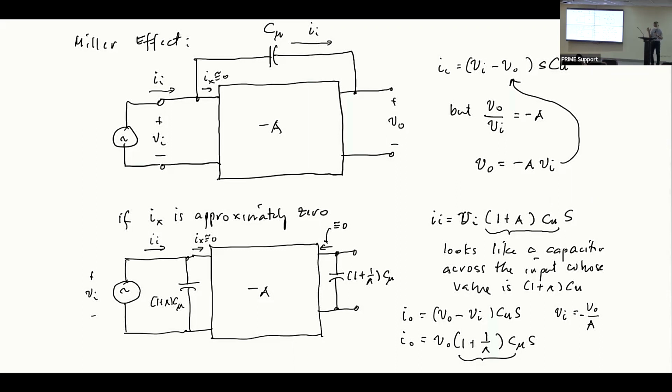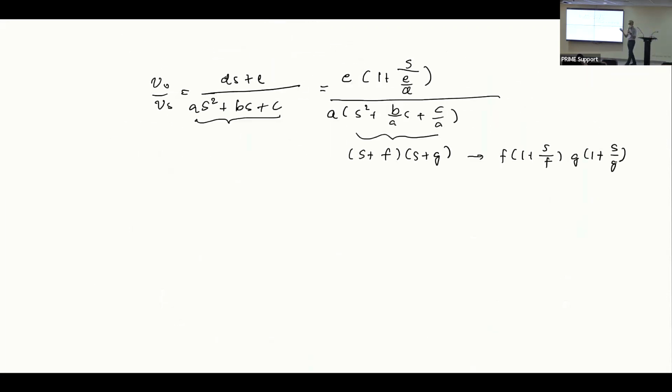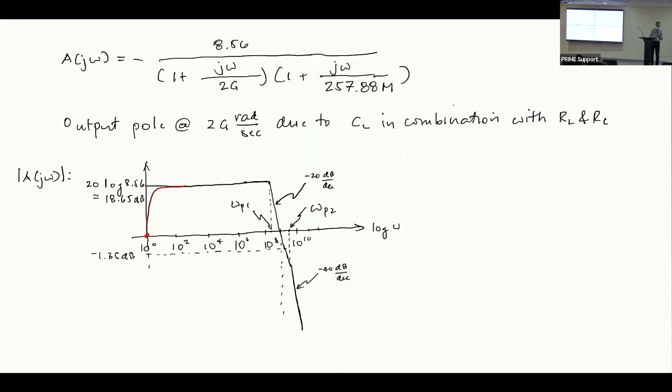Now, why did I introduce this? Because notice that in our previous example, what we were doing was very difficult. Imagine this is only one transistor. We considered the different capacitors, and we had to go through all of this. In fact, we didn't even do it all; I just outlined the solution. We have to go through all of this manipulation to get our frequencies. I could have just used my previous analysis here.